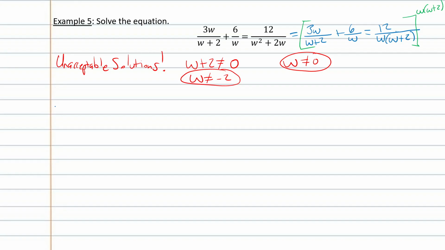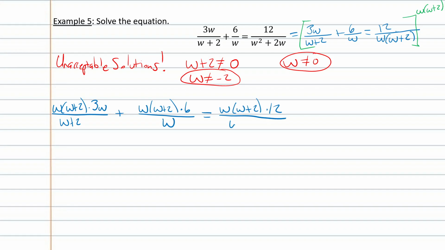We are going to do w times w plus 2 times 3w all over w plus 2, plus w times w plus 2 times 6 all over w equals w times w plus 2 times 12 all over w times w plus 2.